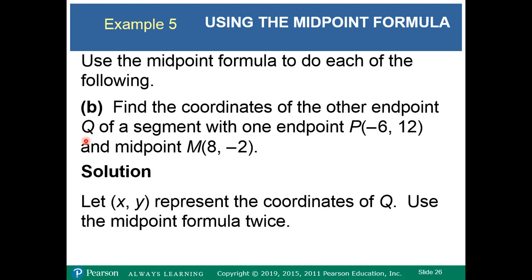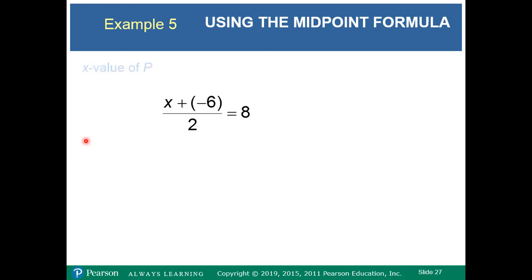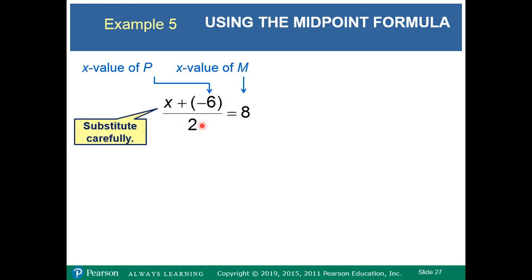And so we're going to use the midpoint formula twice. And here's how we're going to do it. We're going to use the x value first. So we say x plus -6 divided by 2 has to equal the x value for the midpoint, so that has to be equal to 8.